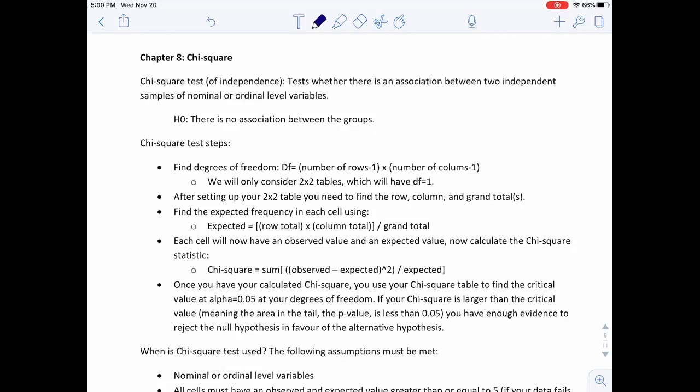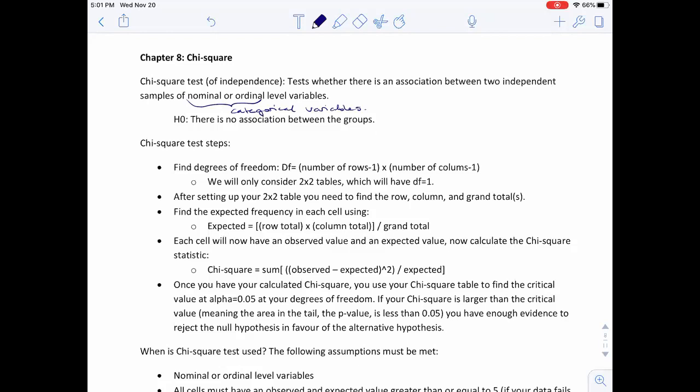But so the chi-squared test is if you've got nominal or ordinal level variables. What does that mean? That means that you have categorical variables, right? Because you read those research studies and we talked about it, right?